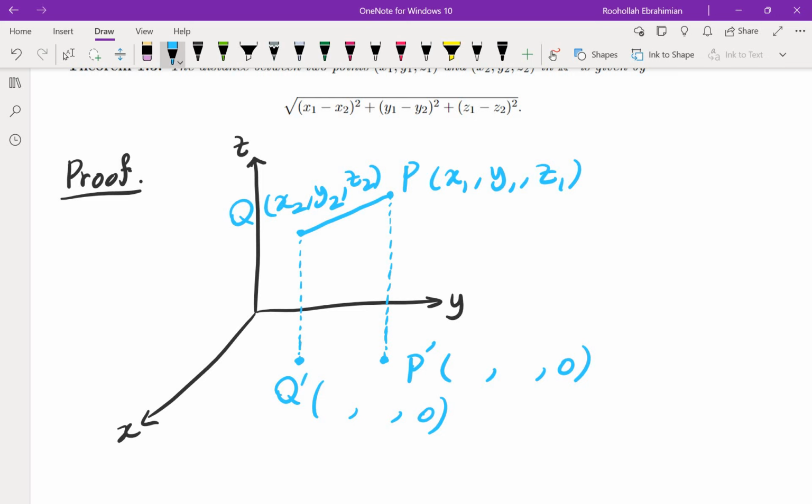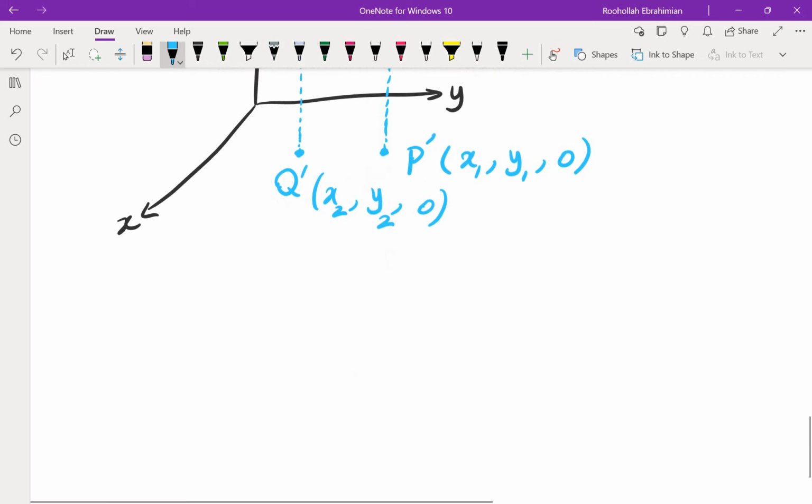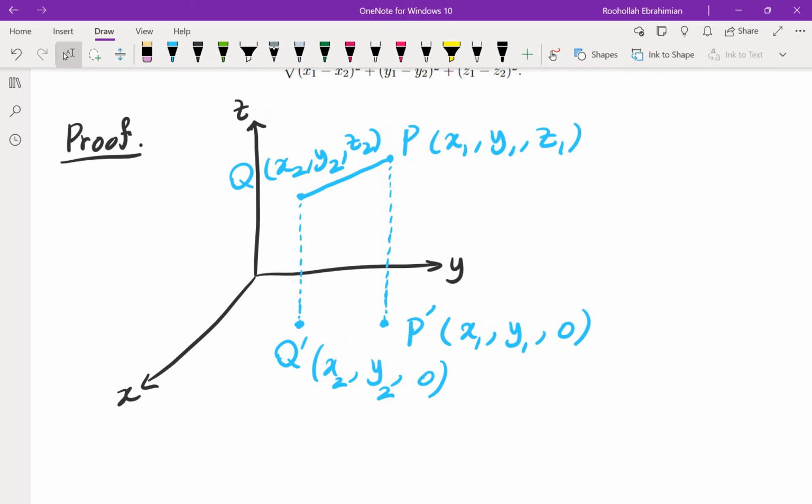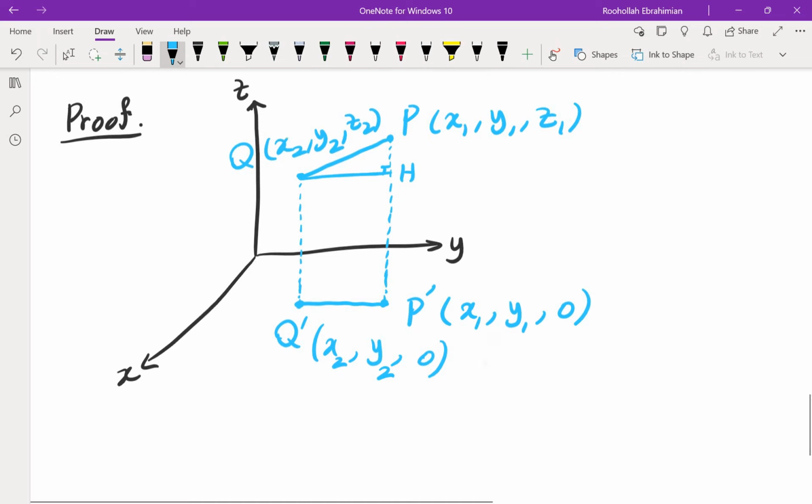The x coordinate and y coordinate do not change because we dropped a perpendicular. So this would be (x1, y1) and this would be (x2, y2). Now we have a segment connecting P prime and Q prime, and I'm going to draw a line parallel to it through P, and let me call the point H.